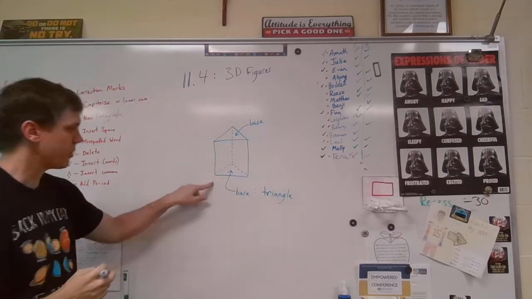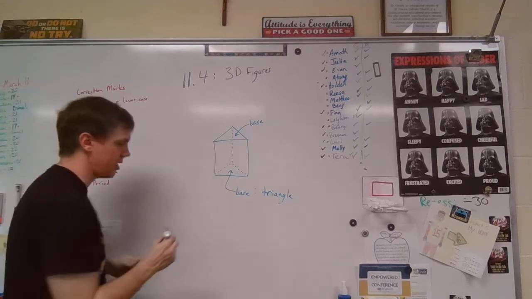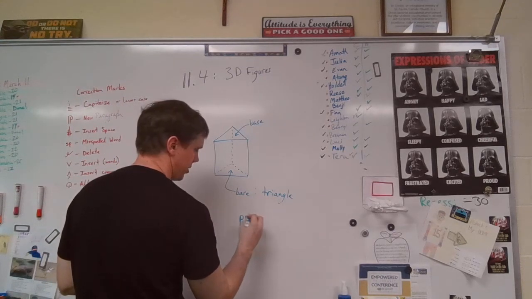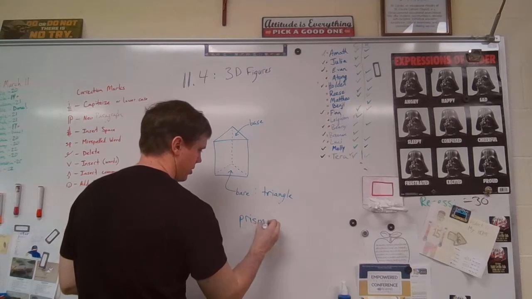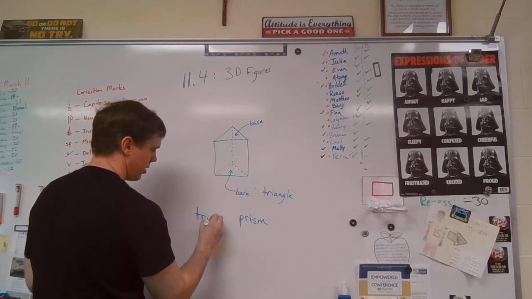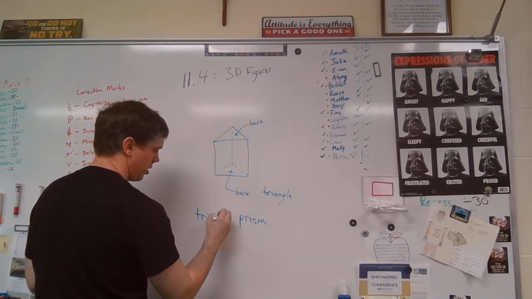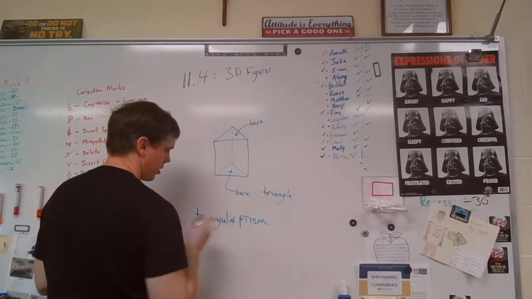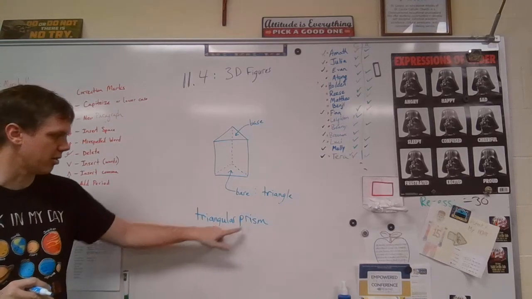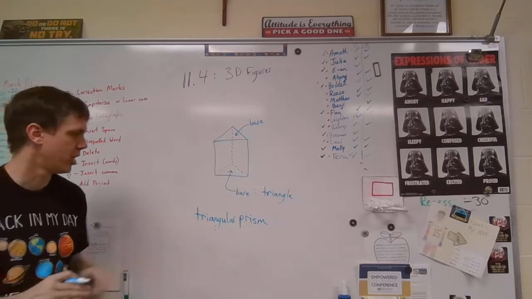So because we have two bases, that means that it is a prism, not to be confused with prison, and it is a triangular prism. So we've got two bases. They happen to be triangles, so it's triangular, and then because we have two bases, it's a prism.